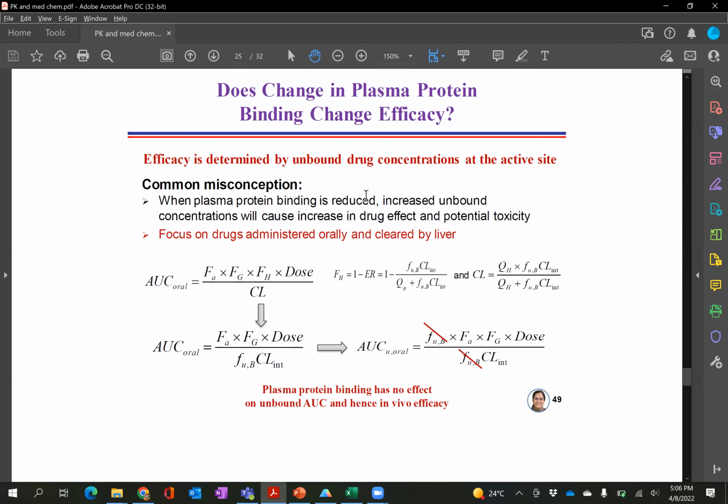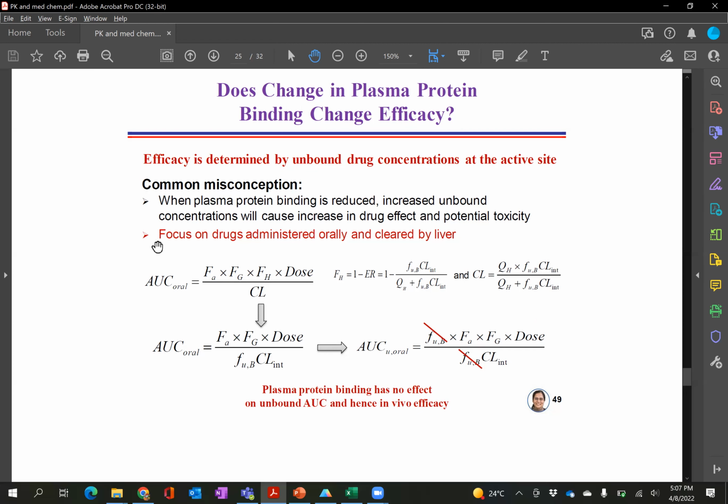Common misconception: when plasma protein binding is reduced, increased unbound concentration will cause increase in drug effect and potential toxicity. They said focus on drugs administered orally and cleared by liver. What they mean here is efficacy is determined by the unbound drug at the active site.